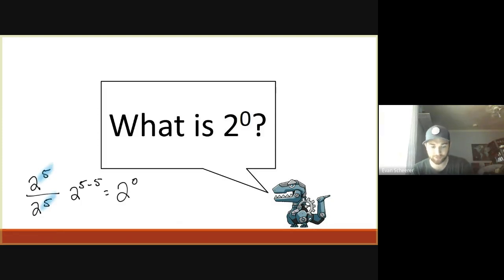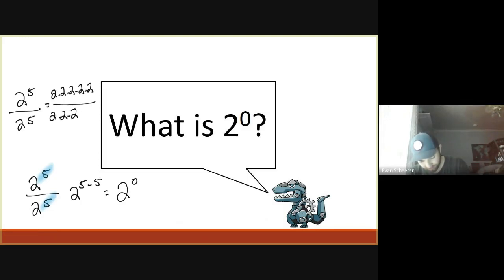Let's look at this a different way, though. 2 to the 5th over 2 to the 5th equals 2 times 2 times 2 times 2 times 2 over 2 times 2 times 2 times 2 times 2. But look, the 2's cancel out. So am I left with 0? No, I am left with 1, right? Remember, anytime you divide a number by itself, you get 1.